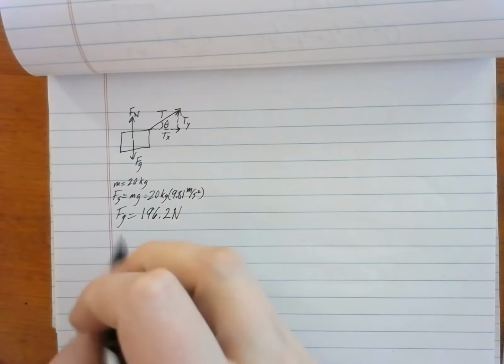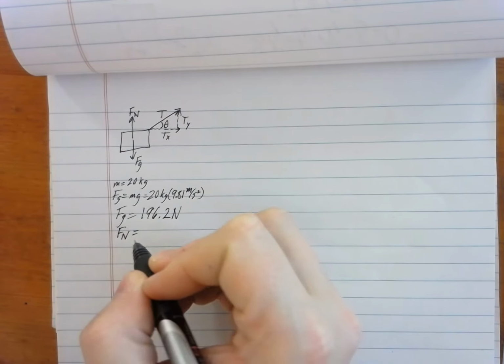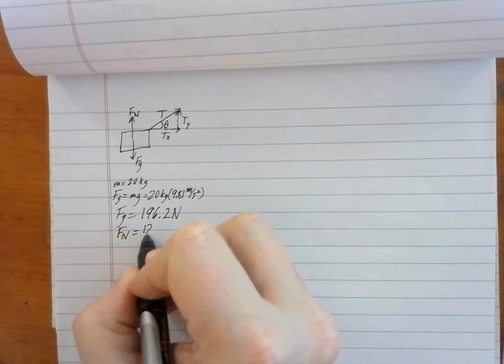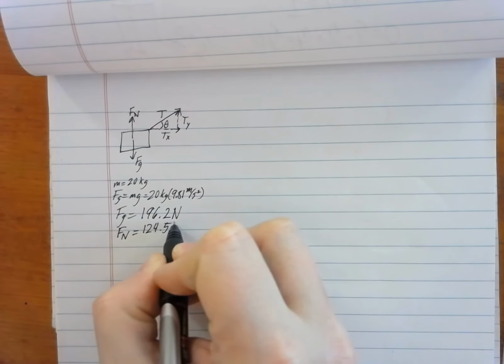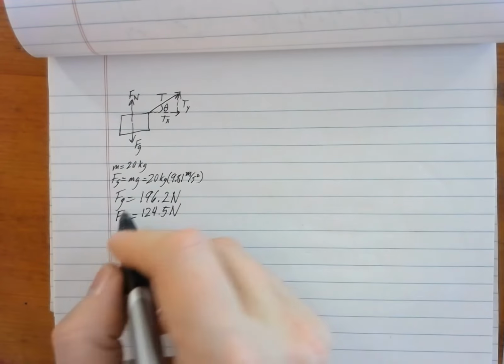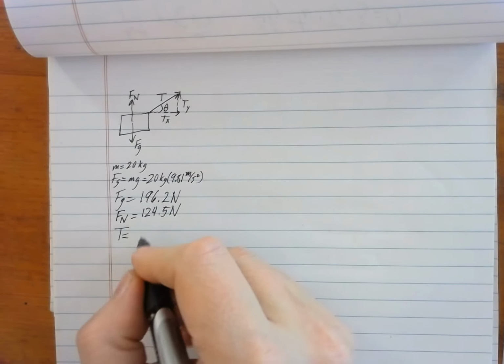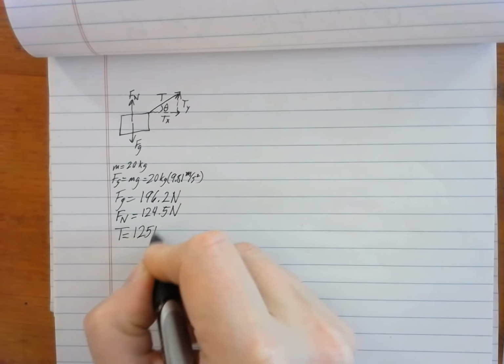We have a normal force of 124.5 newtons. And the last thing we know is that the tension, the full T that they're pulling with, is 125 newtons.